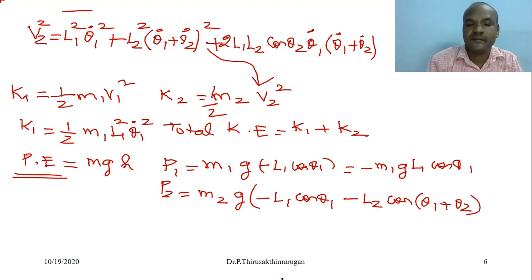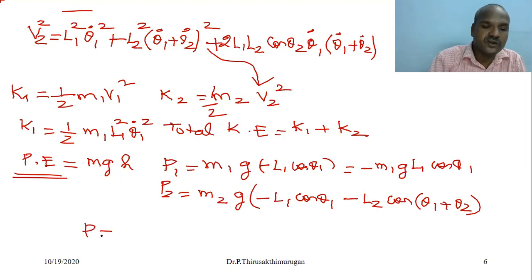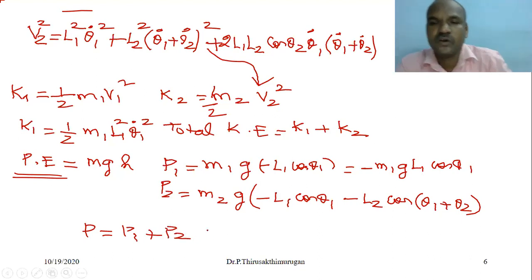This is the potential energy. So total potential energy equal to P1 plus P2. Understand? Any doubt?